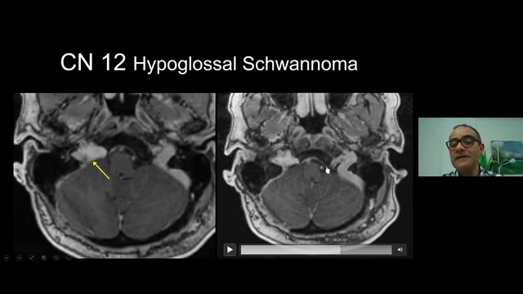See, this is the nerve. The nerve is here, and it's coming off here. It's coursing towards the hypoglossal canal. So it's exiting from this part, and the vertebral artery is here. So the nerve is probably behind it.